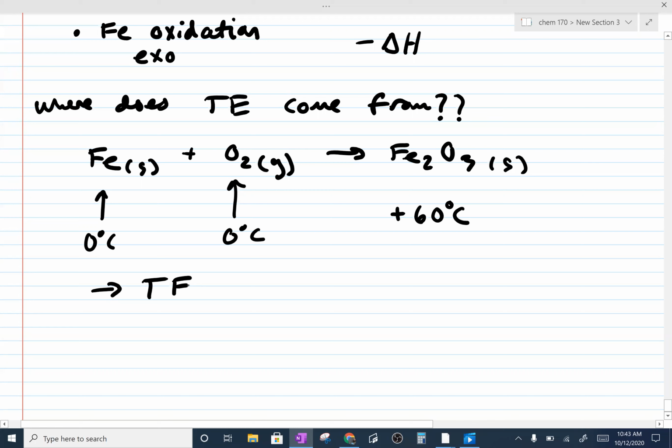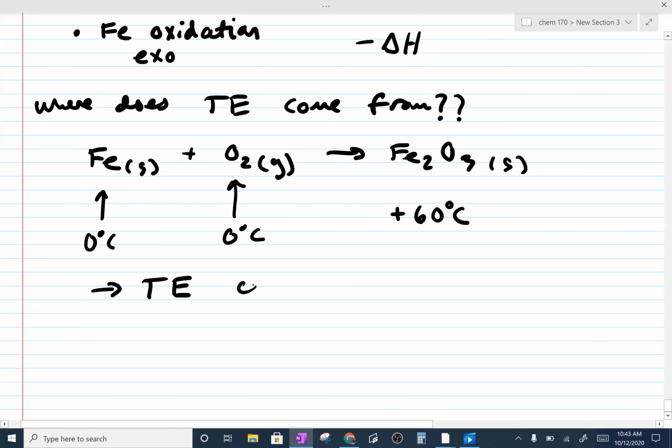The thermal energy that's released comes from the chemical energy that's stored within the position of each of these constituents that's going into the reaction. So each of the reactants has some sort of chemical energy associated with it, okay? Just like potential energy, and it releases that chemical energy upon reacting.